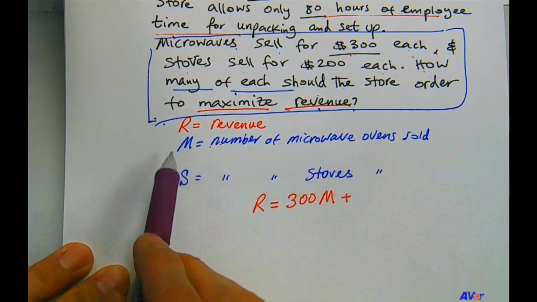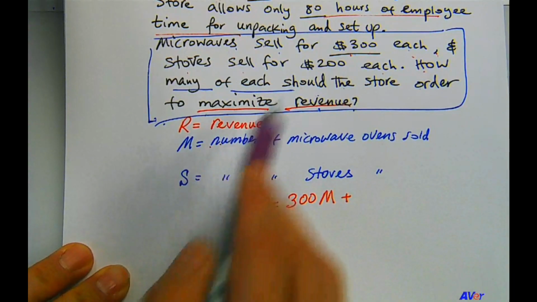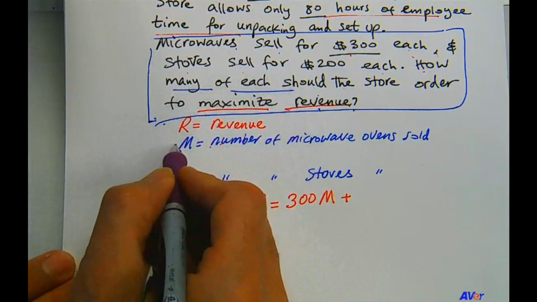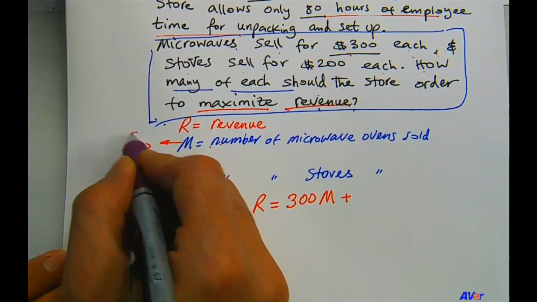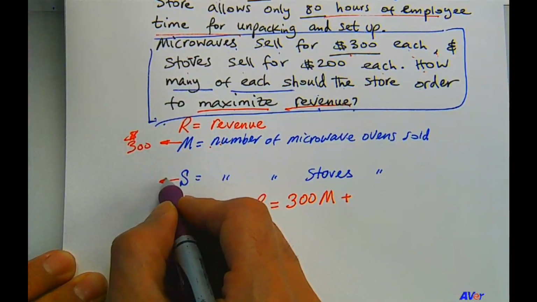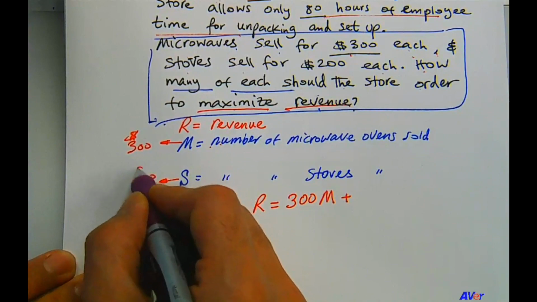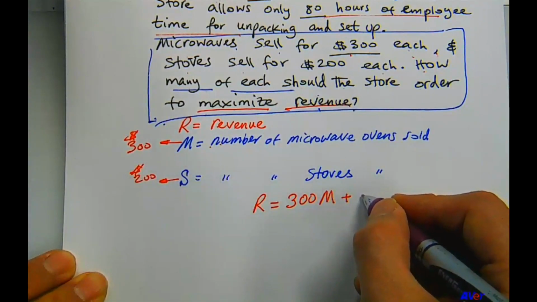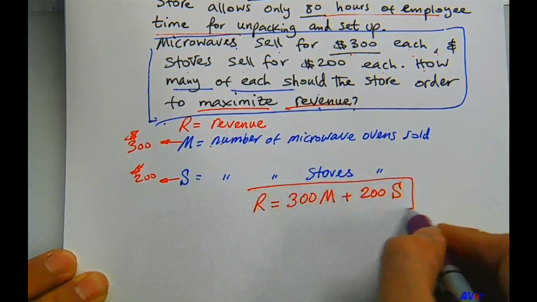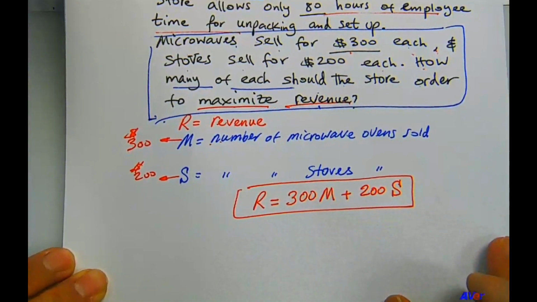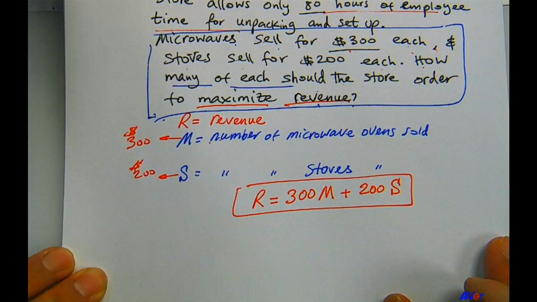Plus the stoves are being sold for $200 each. So let me label these. So microwaves are being sold for $300 each, and the stoves for $200 each. So 200S. So that's our objective function. We're trying to maximize this objective function.